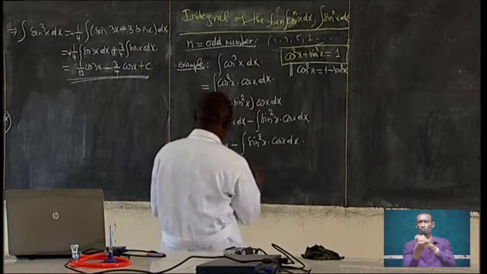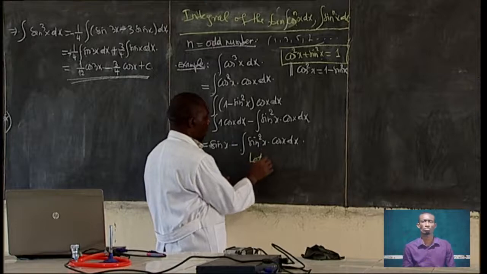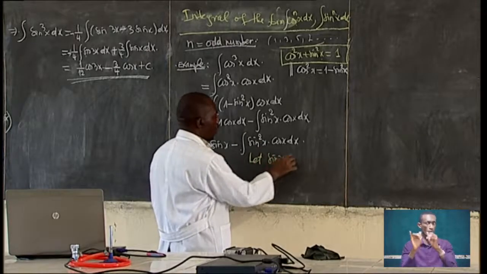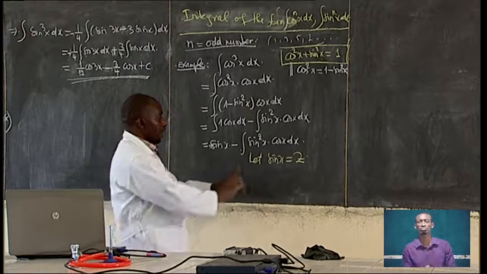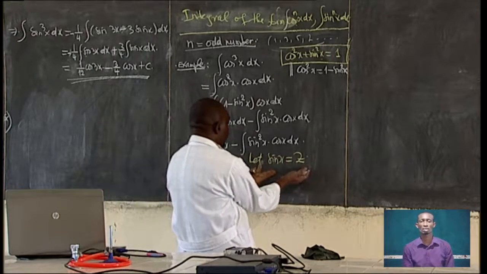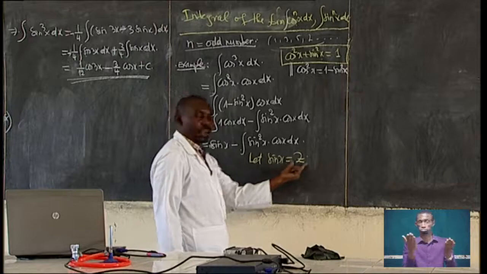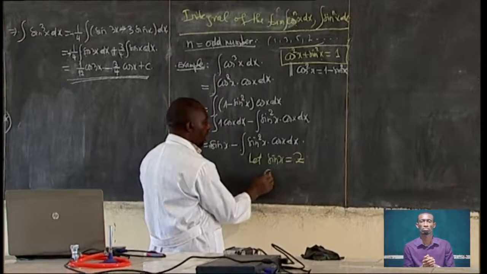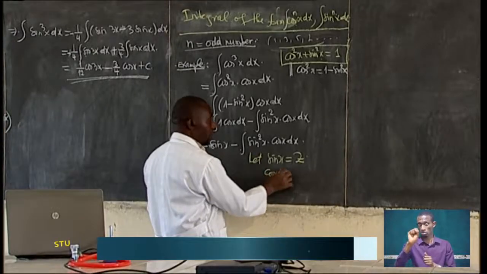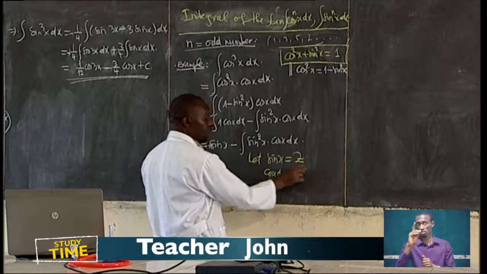So we let sine x equals z, for instance. Differentiating both sides, of course, with respect to x and z, I'll be having cosine x dx, which is equal to dz.